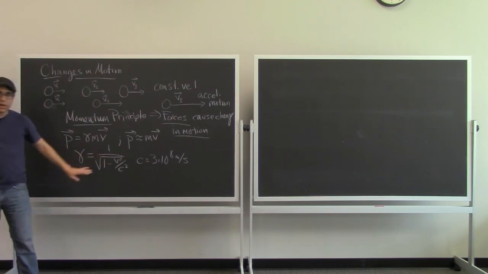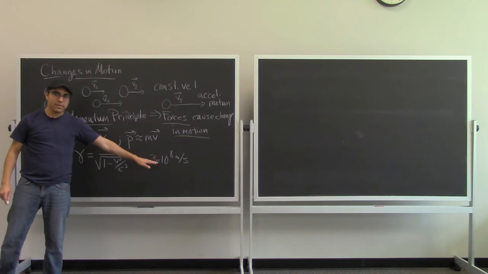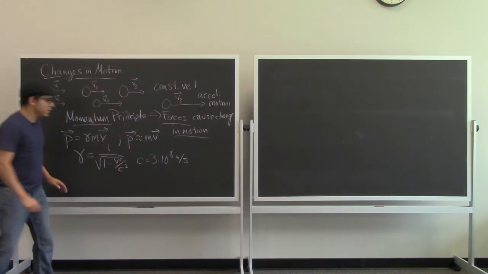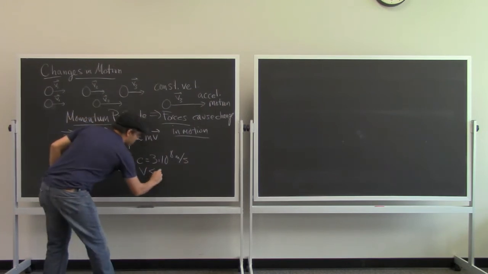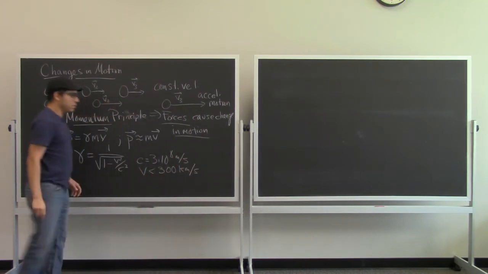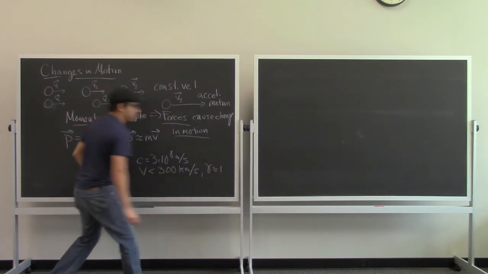So when you have an object that's moving with a speed close to the speed of light, close to 3 times 10 to the 8 meters per second, you have to worry about this gamma. It turns out that for speeds that are less than about 300 kilometers per second, we approximate gamma to be 1.